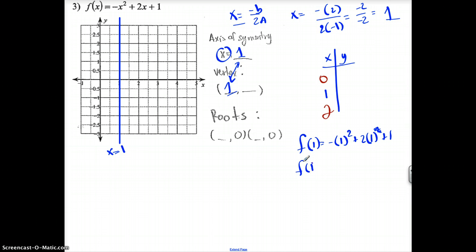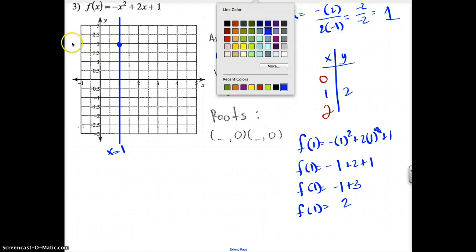So f of 1 equals negative 1 plus 2 plus 1. f of 1 equals negative 1 plus 3. f of 1 equals 2. So that's our starting point. Okay, here's our y value of 2.